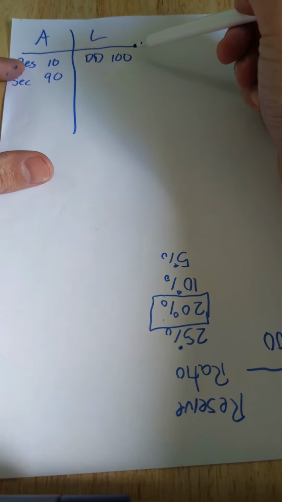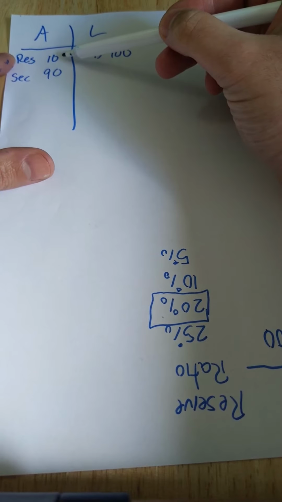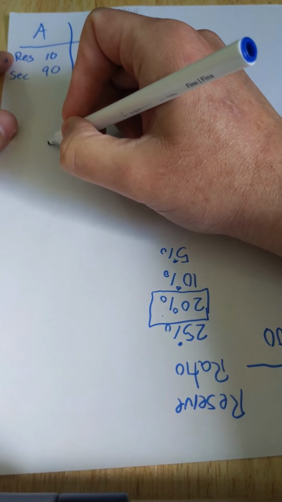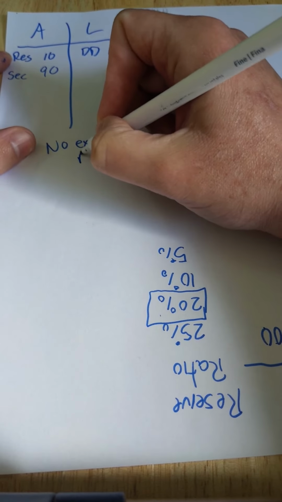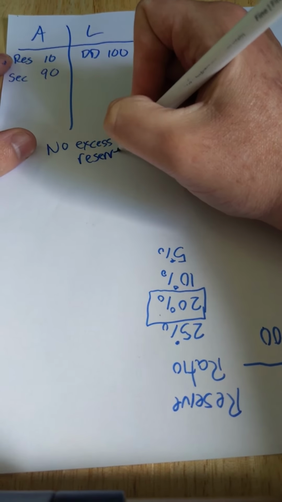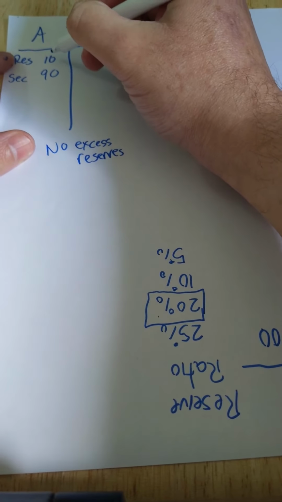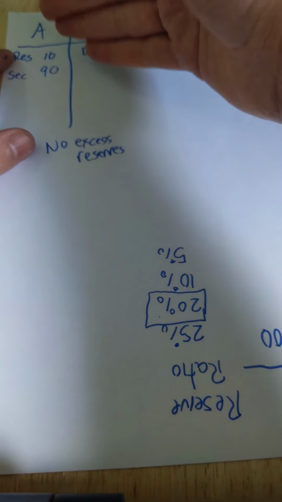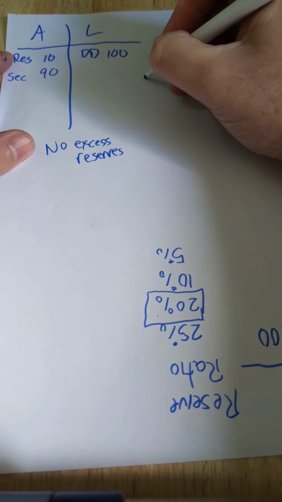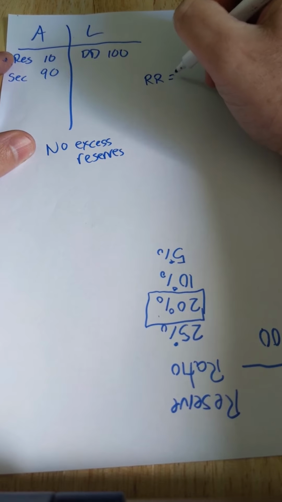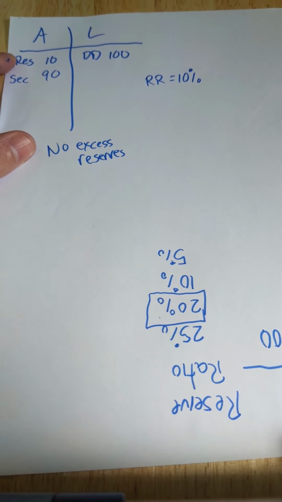What this means is, if this is the case, and this bank has no excess reserves, what that means is then that this bank does not have any more loanable funds it can loan out. That means that if that's the case, then the reserve rate in this instance is 10%. Okay?